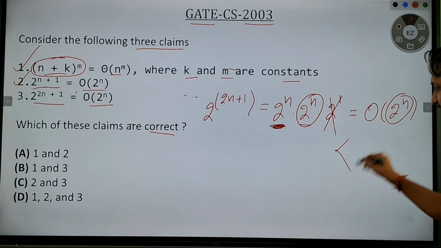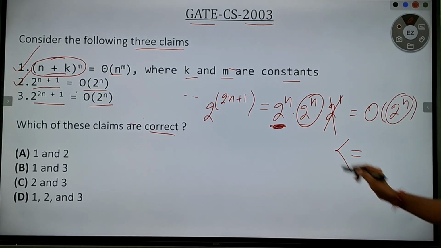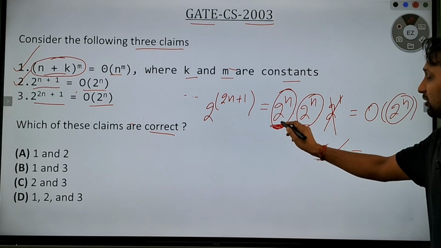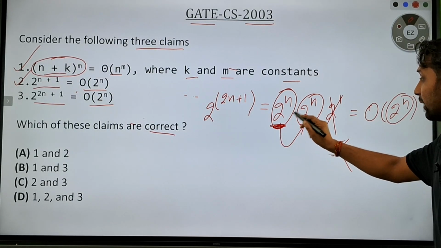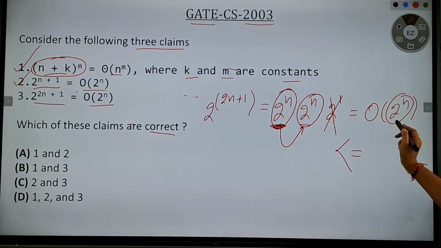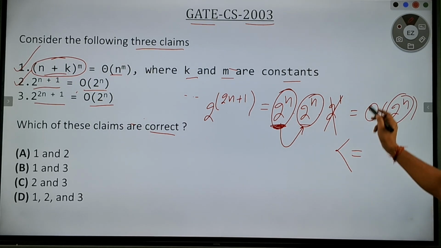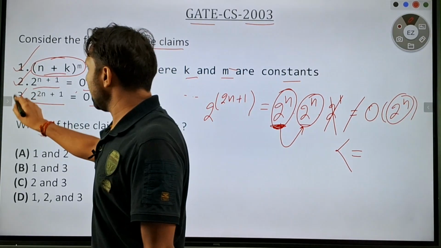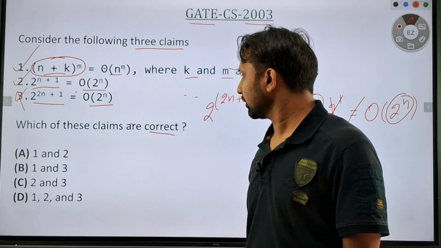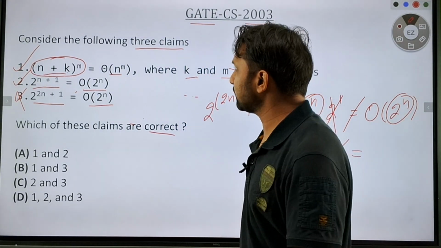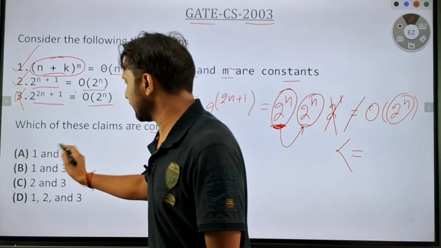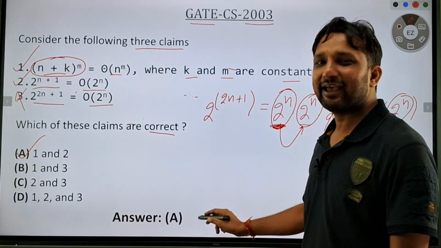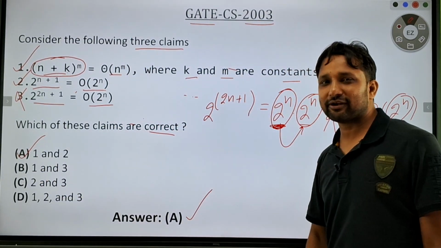Big O says that the right hand side should be greater than or equal to the left hand side, but here the left hand side is greater. So this statement is false. This relation is false. The third claim is false. So which is the correct option? 1 and 2. So A must be the right answer. Let's check. Yes, A is the right answer over here.